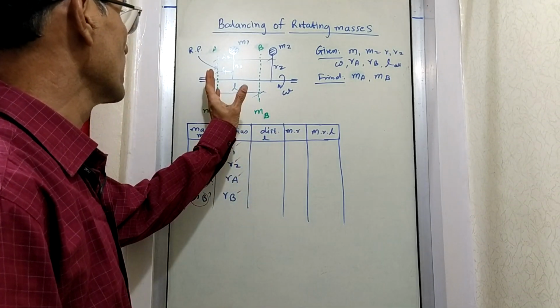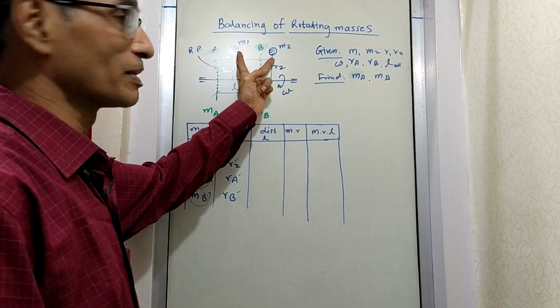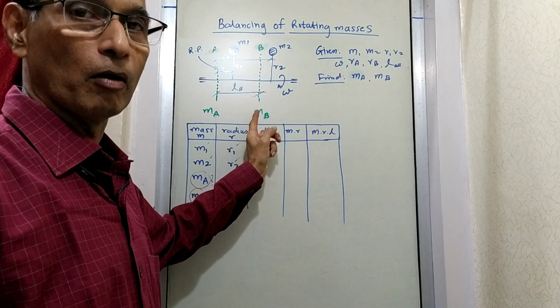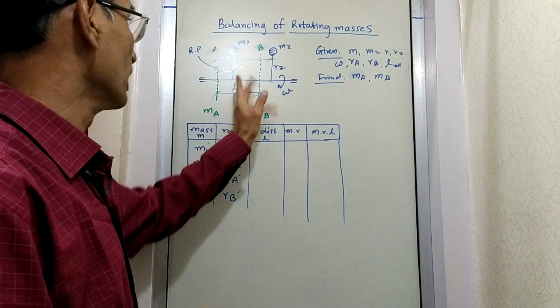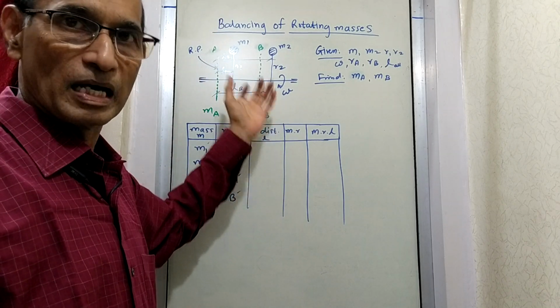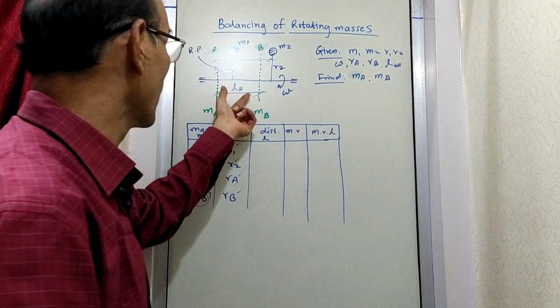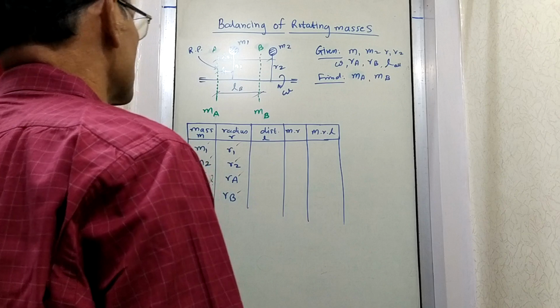So the distances of all three masses, two masses are given, and this is a balance mass to be found out. All three masses, their distances from the reference plane we measured as per the given data. Everything is given, but these distances we will take as per what we need, and here we are going to put those distances.